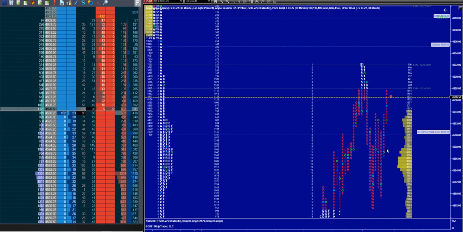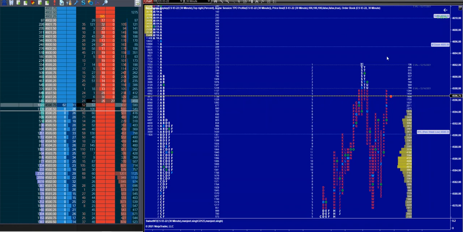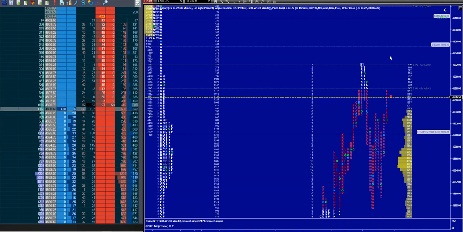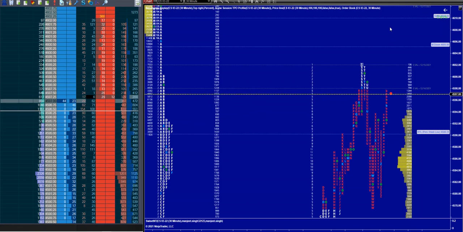What I'm going to see, once the stops of this high are taken out, is whether new sellers are going to initiate their positions, or there is going to be some short covering at the higher prices. So let's watch it. As we could see now, buyers are trying to bid aggressively.